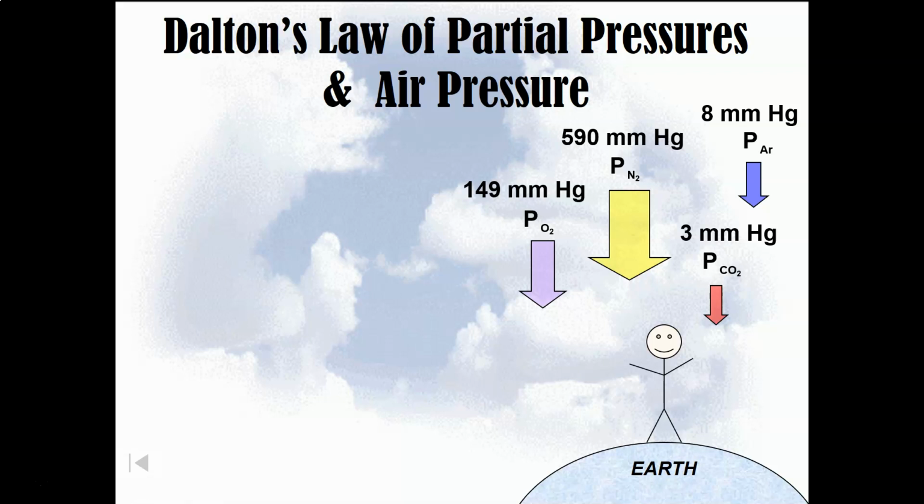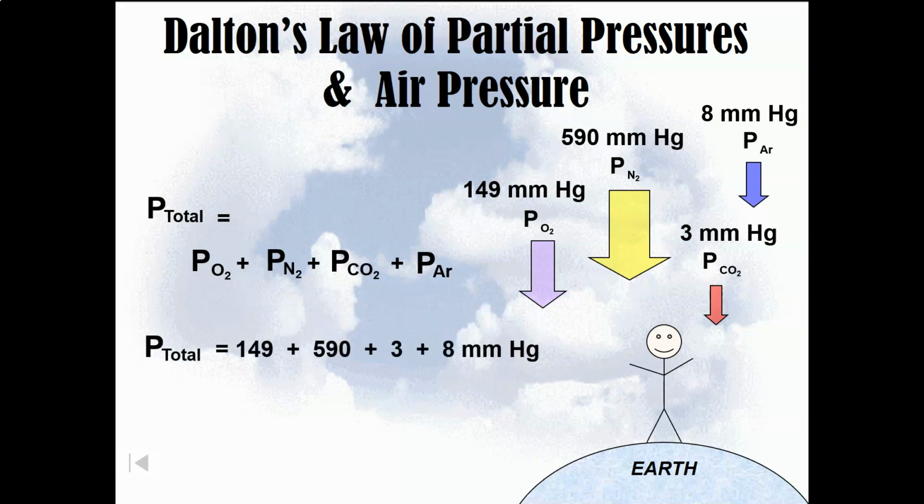So if I want to know the entire pressure that this little person is experiencing, I'm going to use Dalton's law and I'm going to add them together. So let's do that. Go ahead, add up those numbers. We have 149 plus 590 plus 3 plus 8.